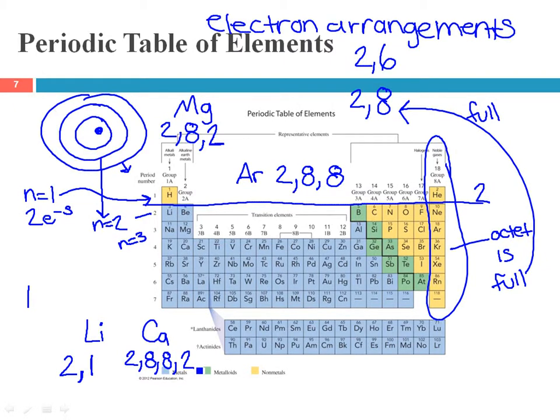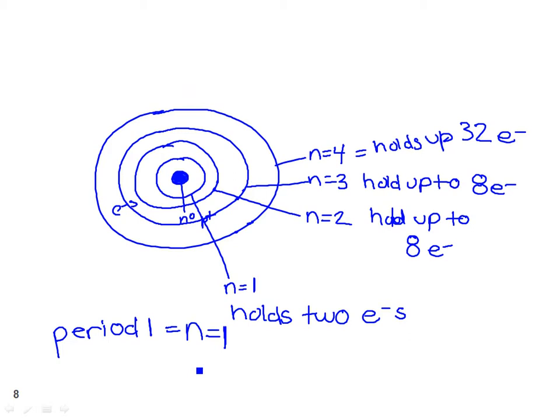Another thing that we want to do is we want to practice. So let's find some space here to practice. I want you guys to come up with the electron arrangement.